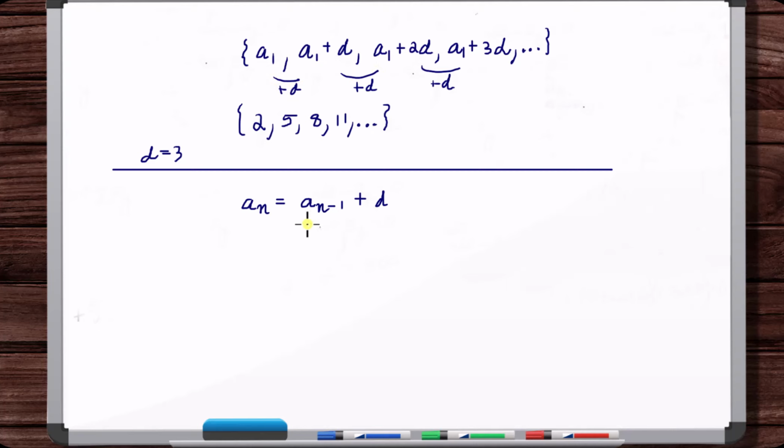But if we want to write a sub n in just a general form, how would we do it? Okay, well, we can see what the pattern is here.